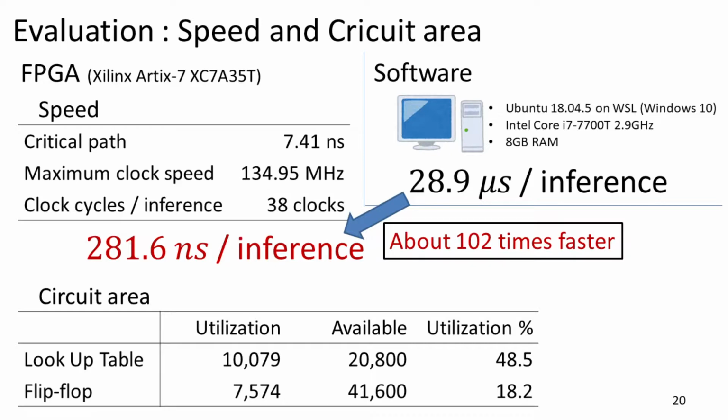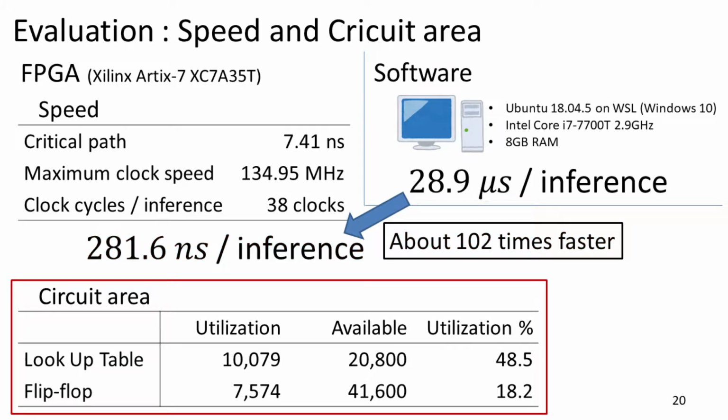It is about 102 times faster than software. The circuit scale is shown in the table below. It is less even than half of the available resources of target FPGA.